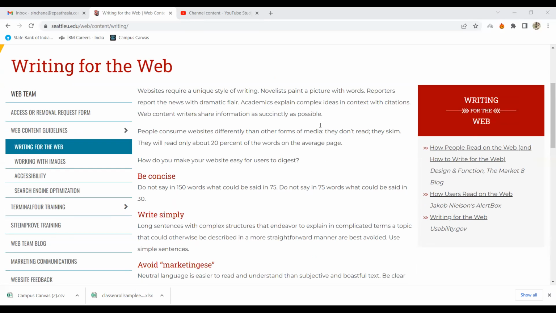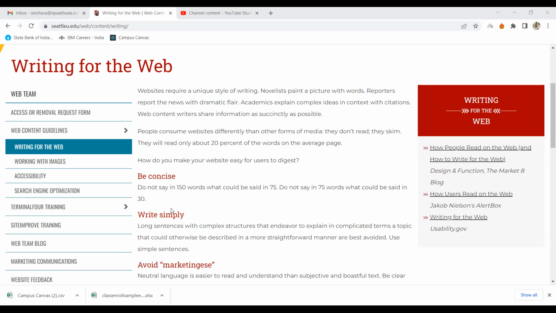Now, web content writers share information as succinctly as possible. So you have to be very concise. You do not say in 150 words what could be said in 75. You need to be concise and brief, but that doesn't mean you are not writing all the important information.